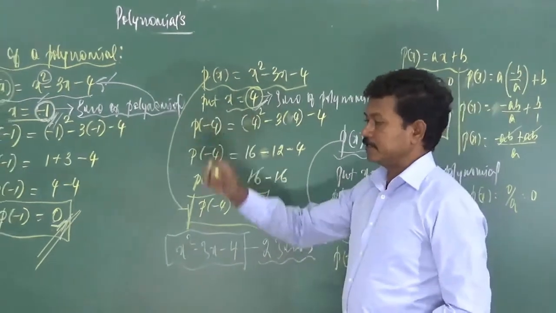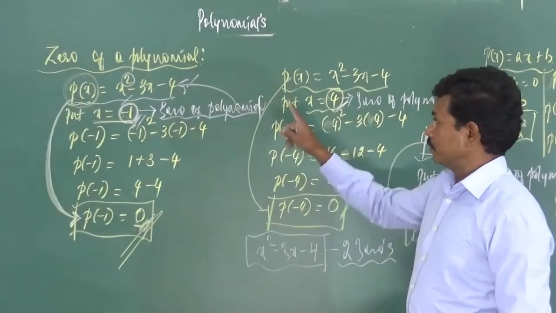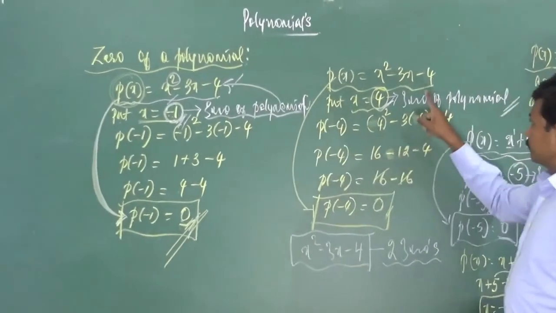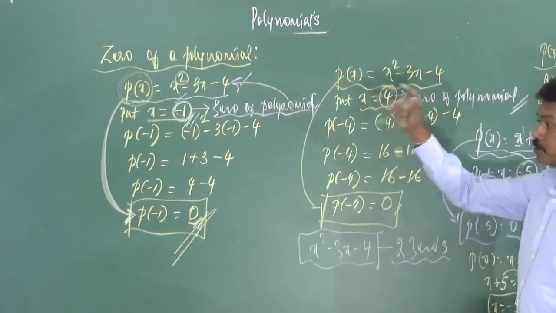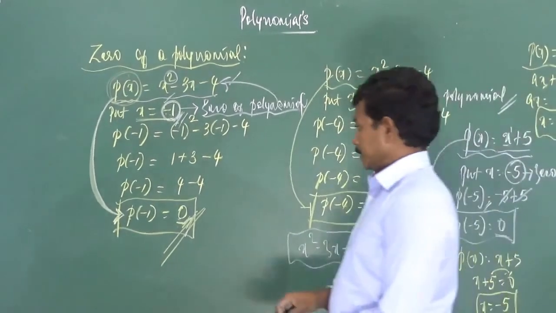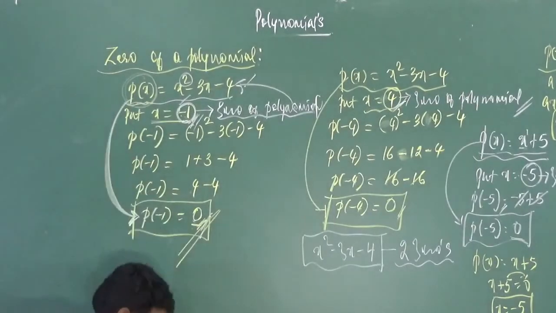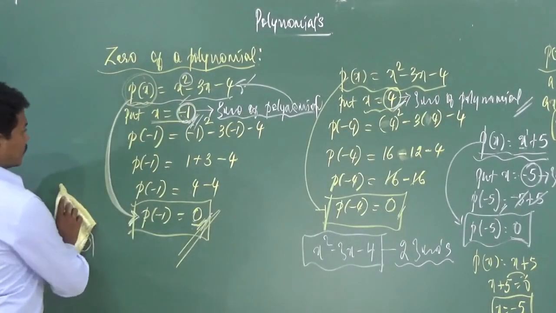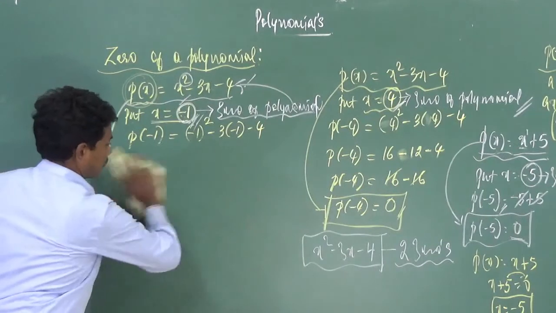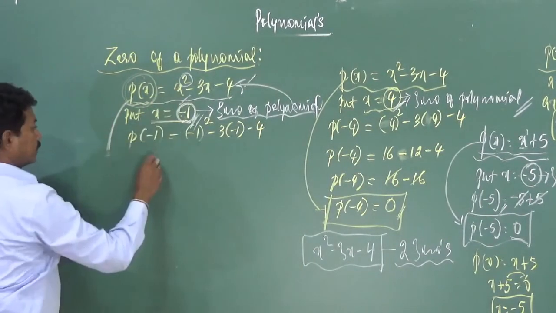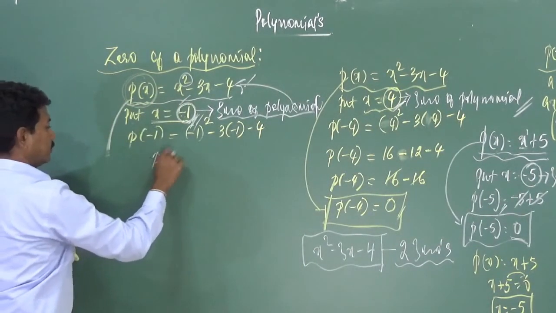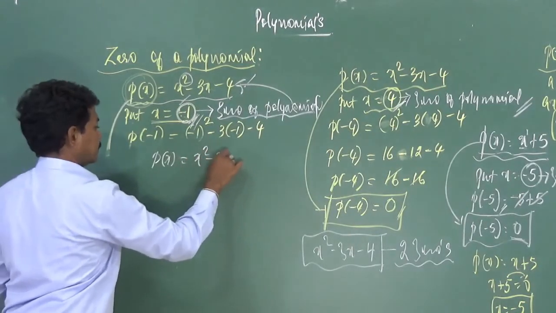So let us go with this example here. I will show you how -1 and 4 are obtained as zeros for this quadratic polynomial. Let us take the quadratic polynomial p of x is equal to x square minus 3x minus 4.